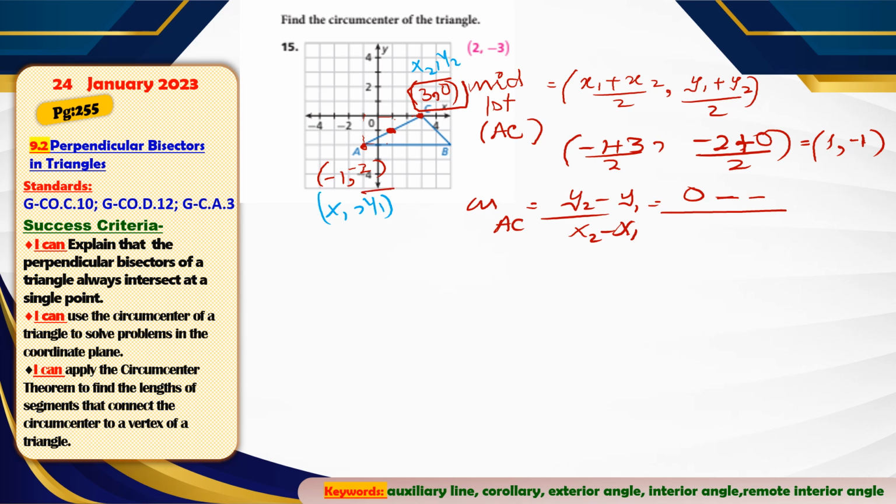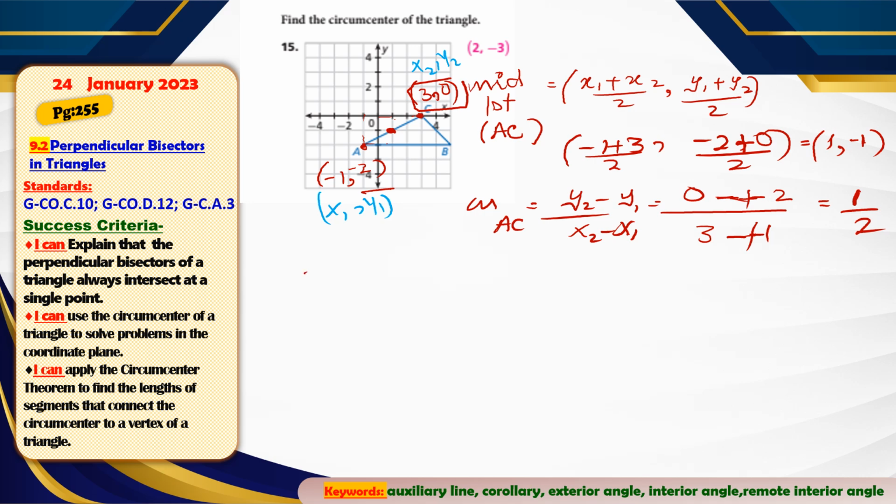So minus -2, and we know that negative and negative gives us positive. Then x2 is 3 minus x1, which is -1, and negative gives us positive. So it's 2 over 4. 2 over 4 gives us 1 over 2.